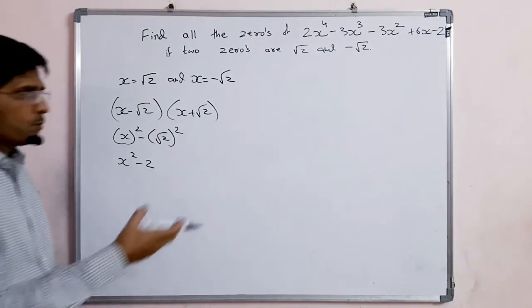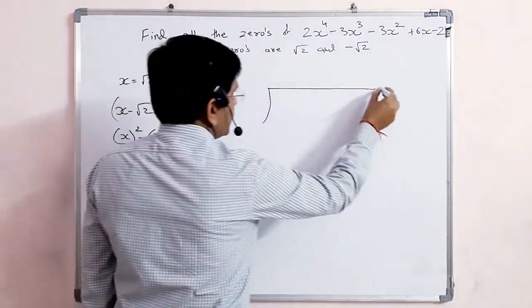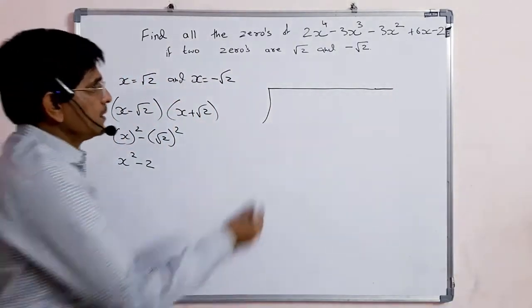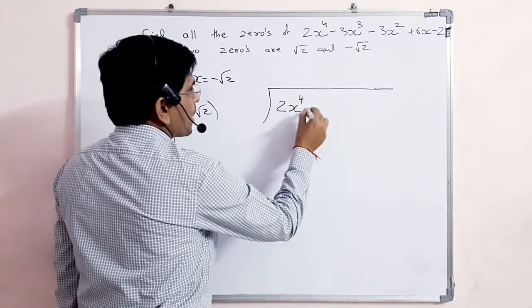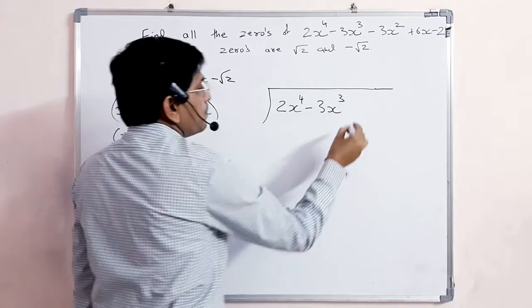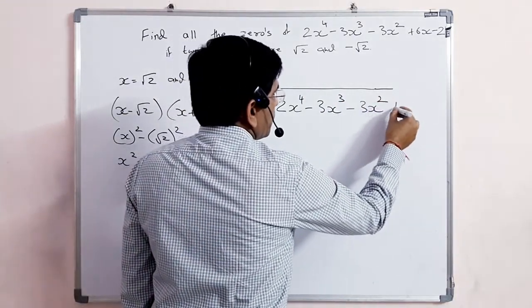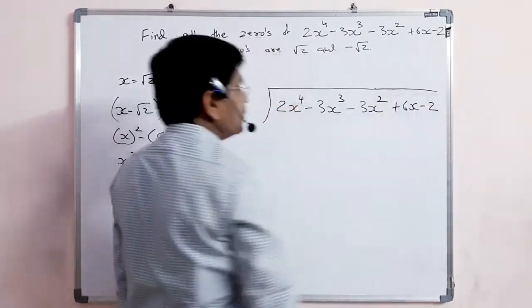Now we can find the other zeros by the long division method, that is 2x to the power 4 minus 3x cubed minus 3x squared plus 6x minus 2.